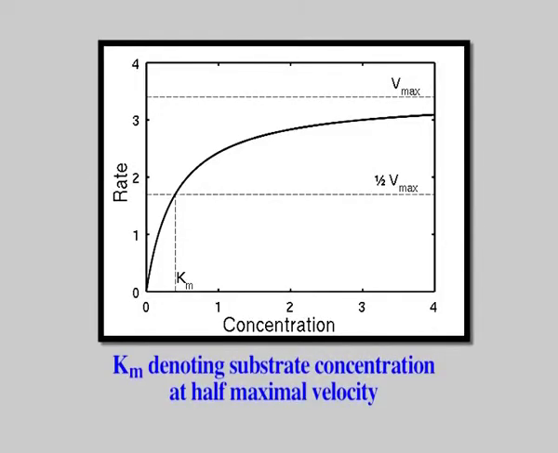So, when you solve the equation, it is derived that at exactly half maximal velocity, the substrate concentration that is required at this particular time point is called Km. So, Km can be defined as substrate concentration at half maximal velocity.